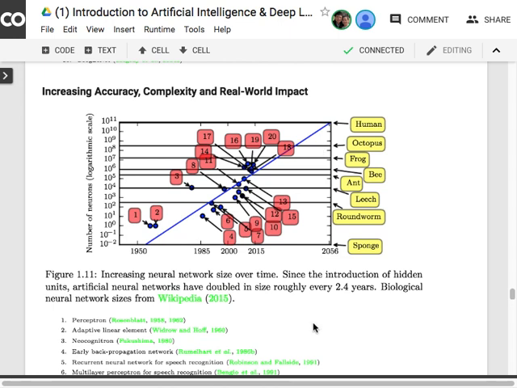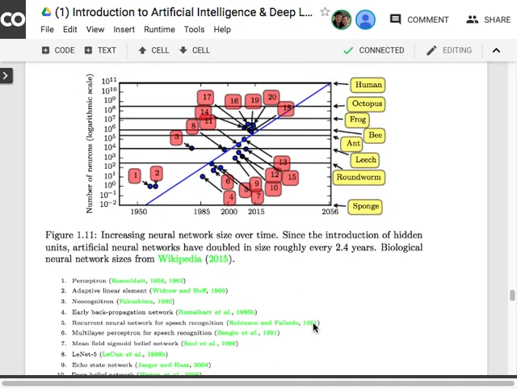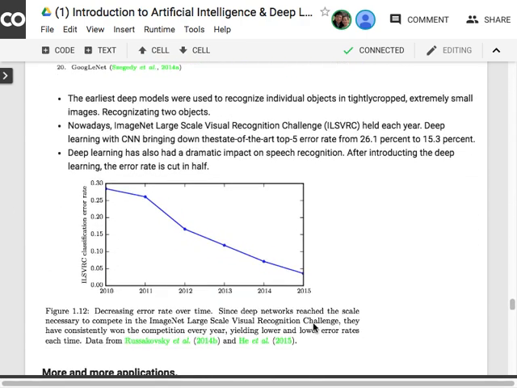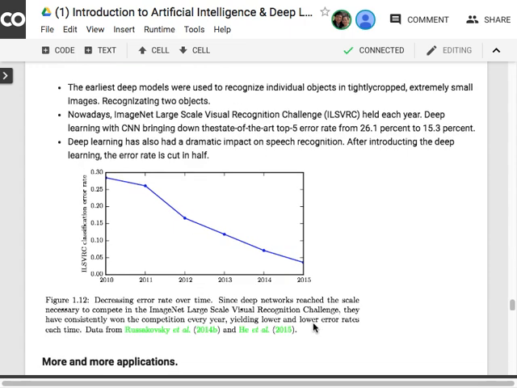Number one is the perceptron that I taught you, and they keep getting more intelligent nowadays. They are increasing in the number of neurons, and getting better in accuracy. This is the decreasing error rate over time in the ImageNet large scale visual recognition contest.